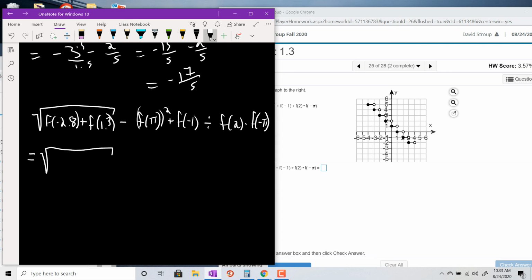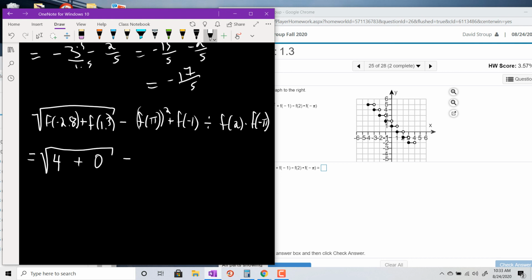Square root of f of -2.8, so -2.8 is going to shoot me to 4. Hopefully 1.3 will be 0. Yeah, plus 0.